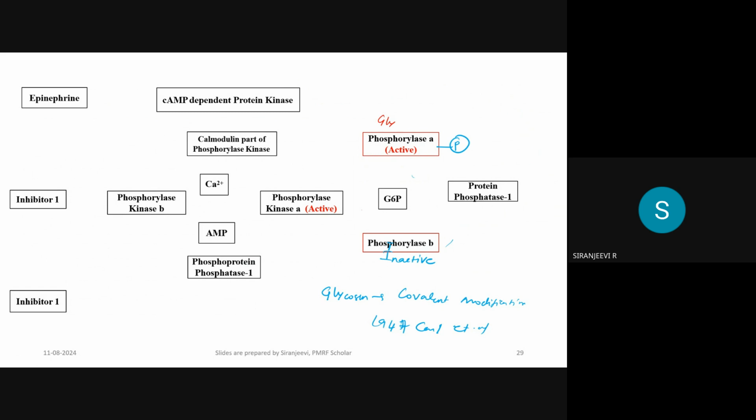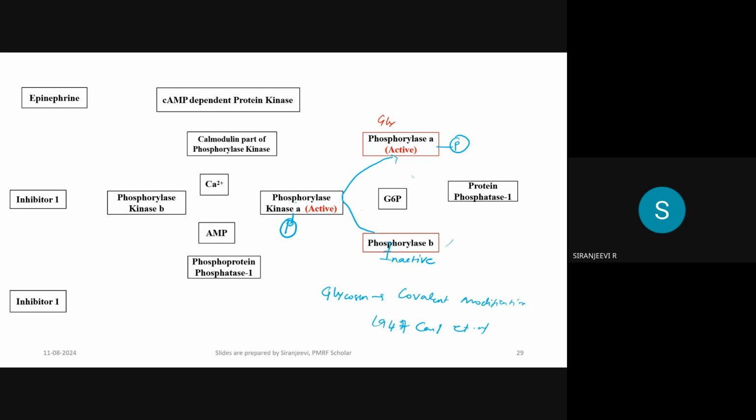So in the presence of phosphorylase kinase, the inactive form is converted to the active form. And this phosphorylase kinase also has two forms, one is the A form, the other is the B form. This phosphorylase kinase is also active whenever it is phosphorylated, and the dephosphorylated form is the inactive form.